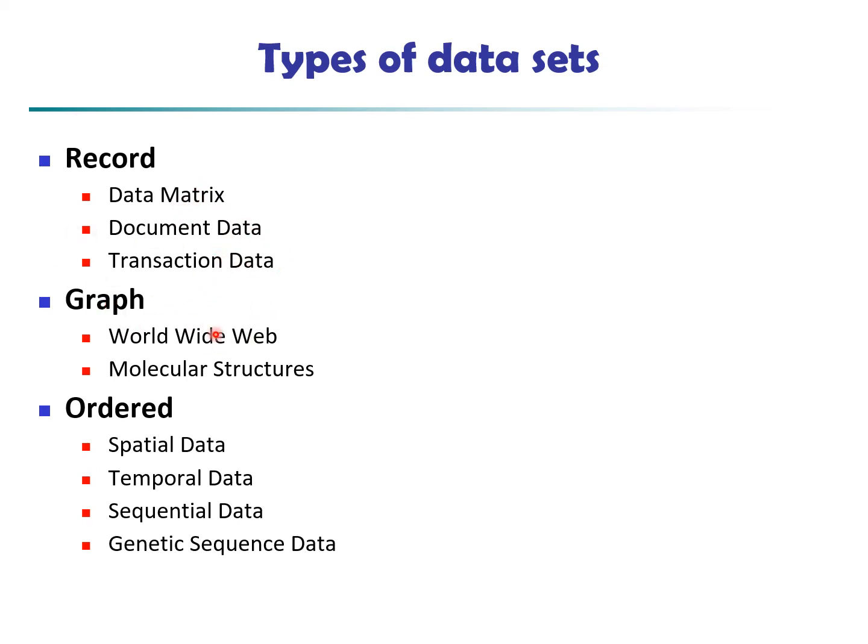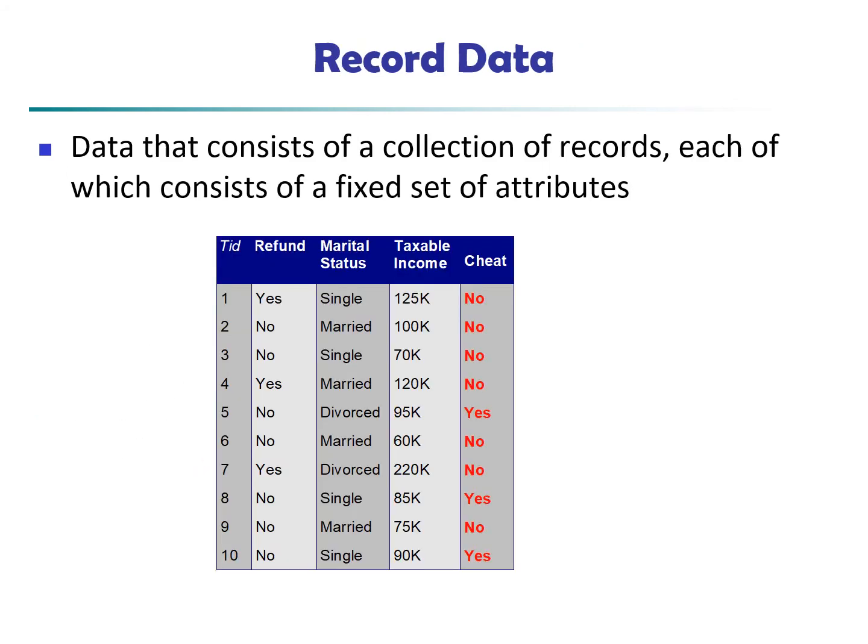Graph data sets are also an example; however, we'll be focusing on the World Wide Web here as an example of a graph data set. And for ordered data sets, we're going to talk a bit about genetic sequence data while explaining a bit about spatial and temporal data, or time series in particular.